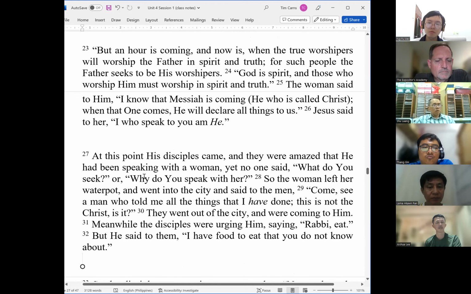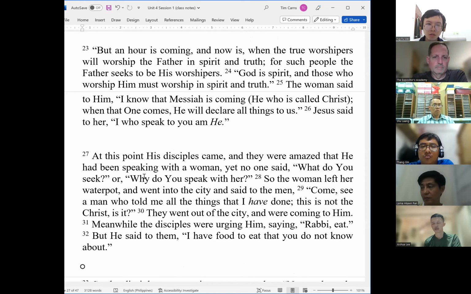"But an hour is coming, and now is, when the true worshippers will worship the Father in spirit and truth. For such people the Father seeks to be his worshippers. God is spirit, and those who worship him must worship in spirit and truth."